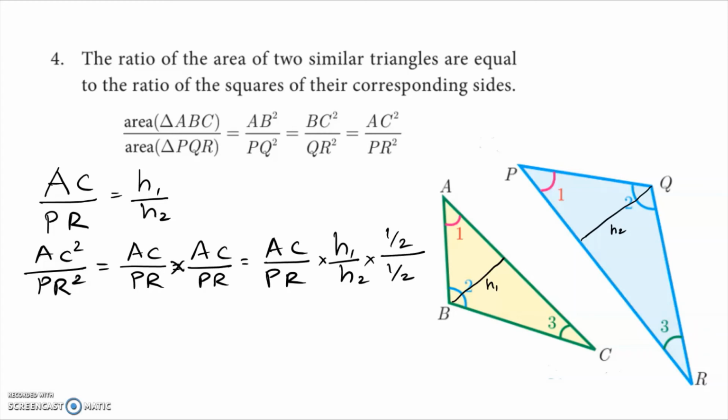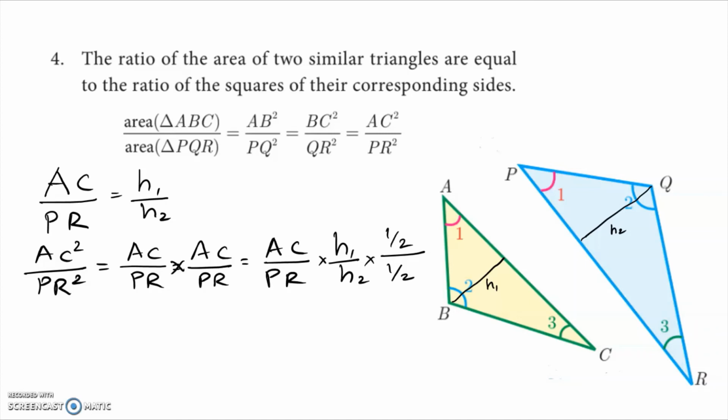Alright, now look at the numerator. It's half into H1 into AC. That's the area of this triangle ABC. And half into H2 into PR is the area of the second triangle.